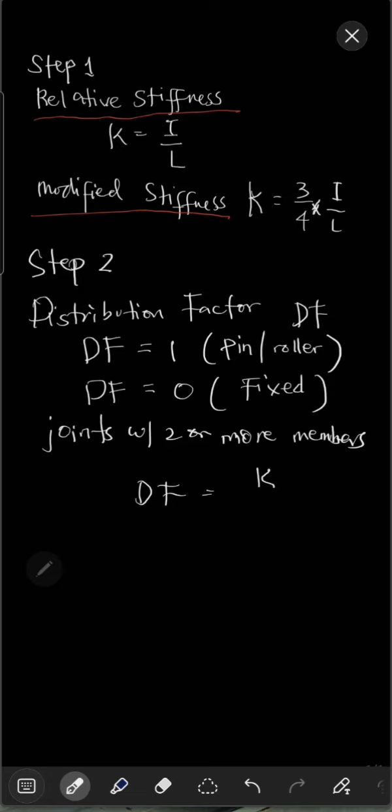So katong sa ibabaw, no, relative stiffness over summation of the relative stiffness. Okay, so relative stiffness of one span divided by the summation of the relative stiffness of all the spans. Okay.